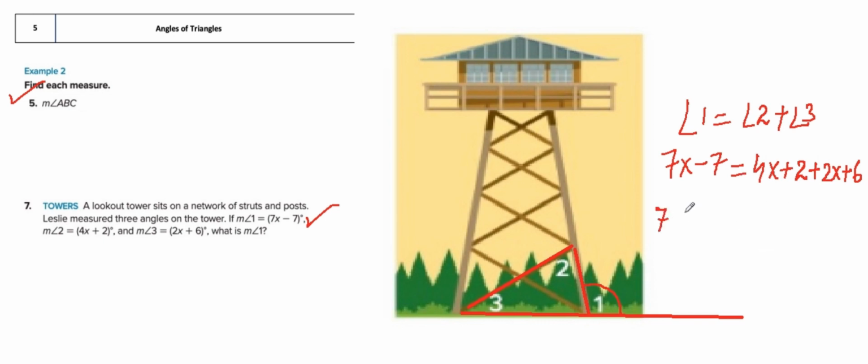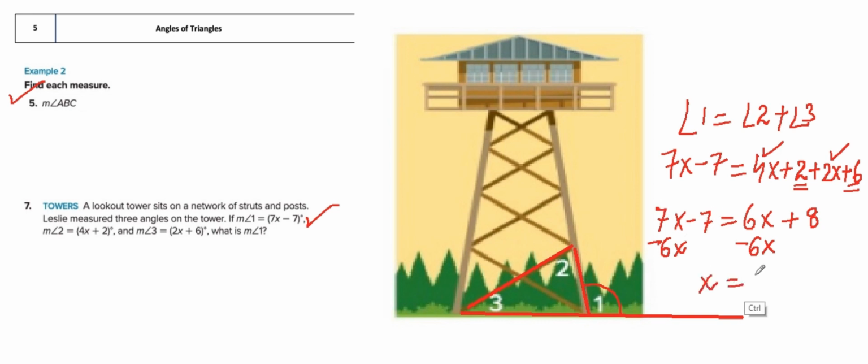So 7x minus 7 as it is, 4x and 2x is 6x, and 6 plus 2 is 8. So subtract 6x from both sides. So x minus 7 is equal to 8, and 6x minus 6x cancel out. 8 plus 7, x is equal to 15.